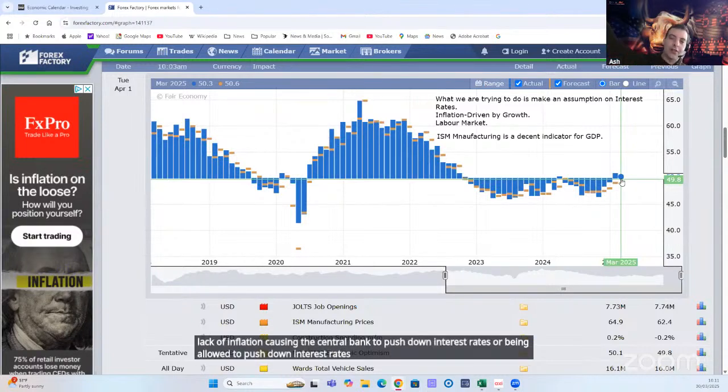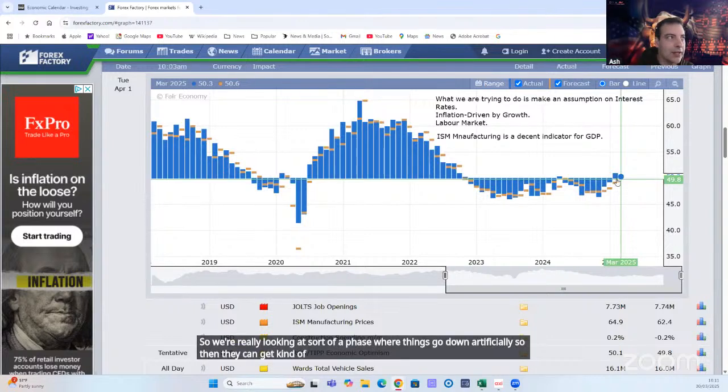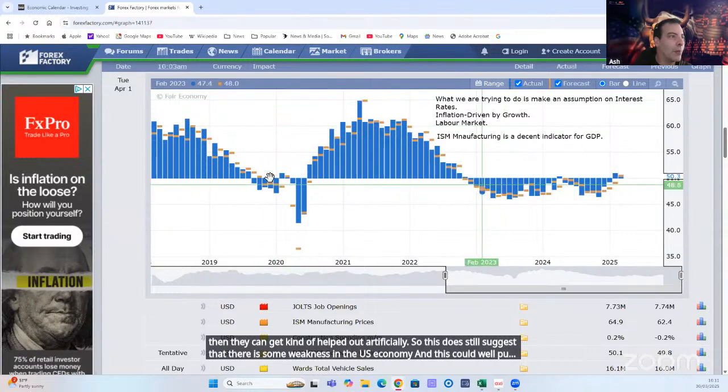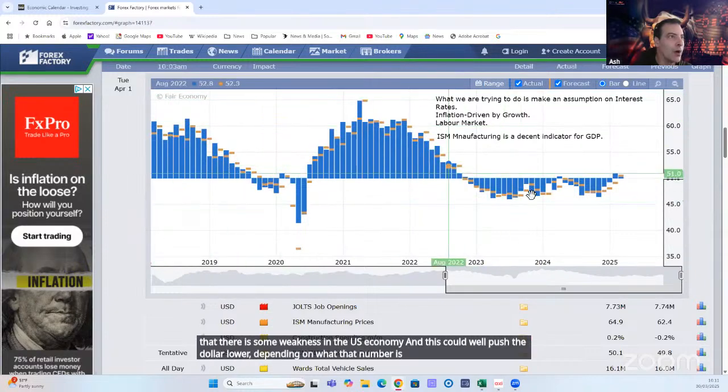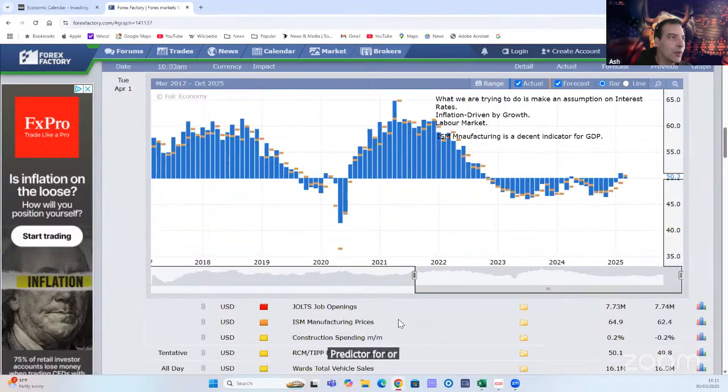Then we start to see the growth. So we're looking at a phase where things go down artificially, so then they can get helped out artificially. This does still suggest that there is some weakness in the US economy, and this could well push the dollar lower, depending on what that number is. So we're going to watch out for that number as well. ISM is a decent indicator for future GDP.